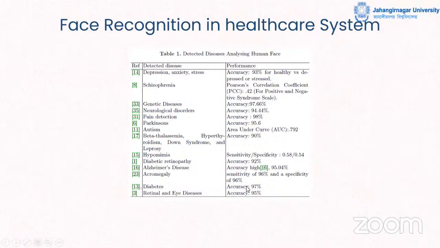Already there are a lot of diseases that can be detected with higher accuracy. Depression, anxiety, stress, schizophrenia, genetic diseases, all give fantastic results of 93%, 97%. Neurological disorder, pain detection, including adult and child.